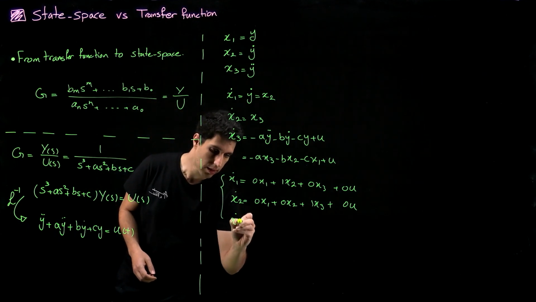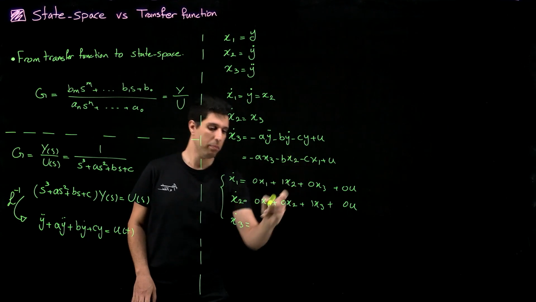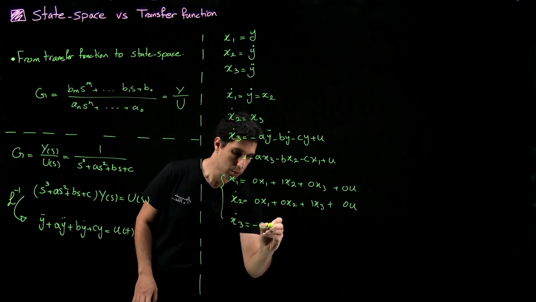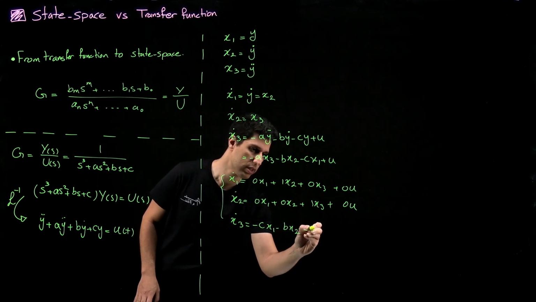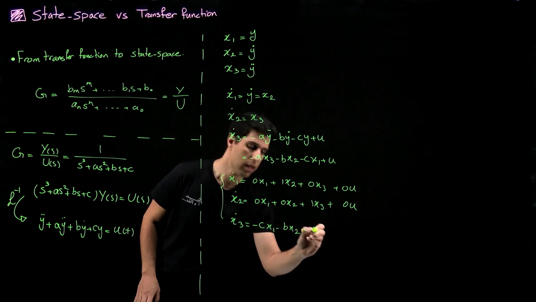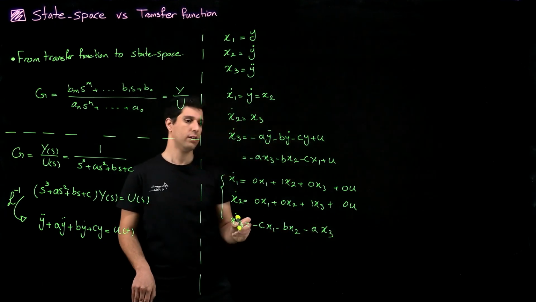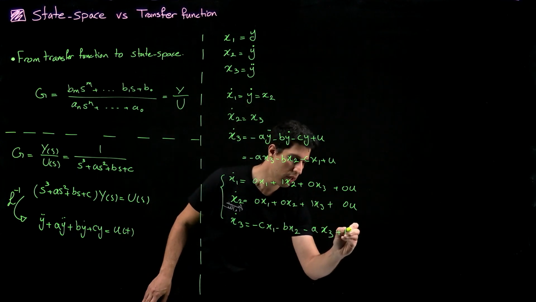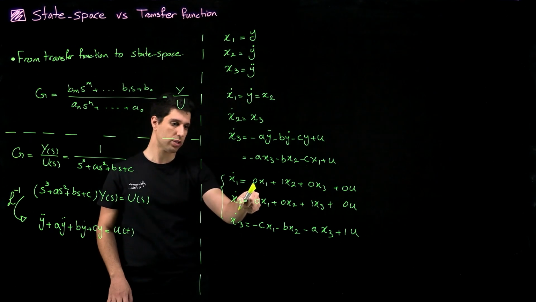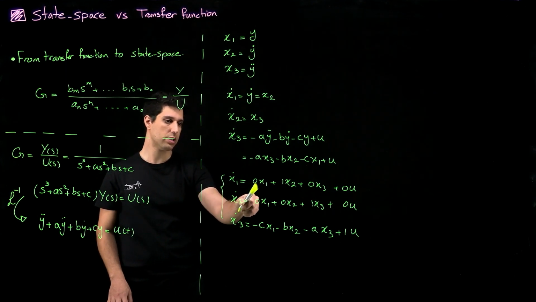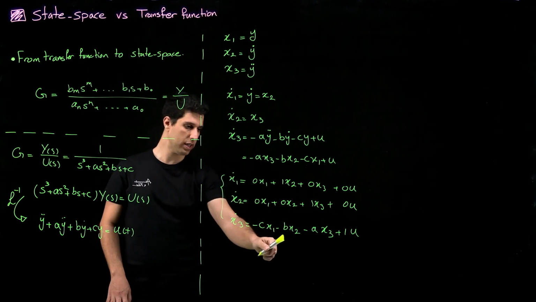Finally, x dot 3 equals minus c x1 minus b x2 minus a x3 plus 1 u. So I have already constructed my A matrix. My A is 0, 1, 0, 0, 0, 1, minus c, minus b, minus a.